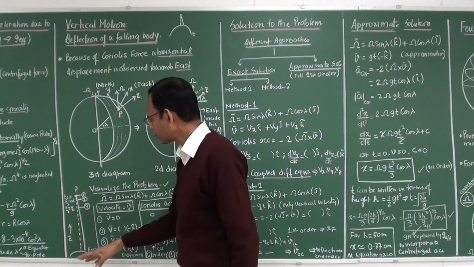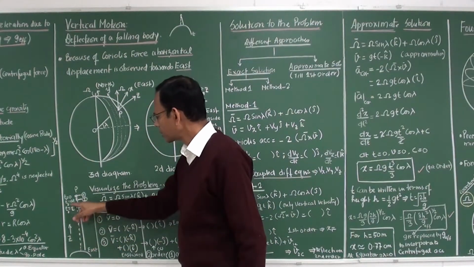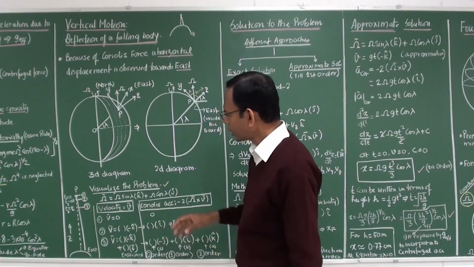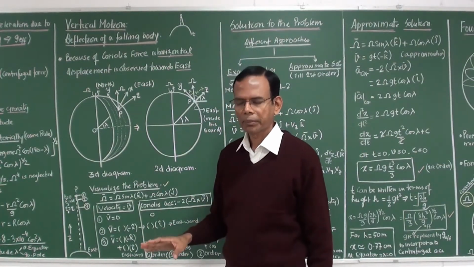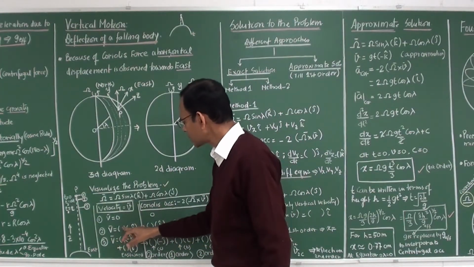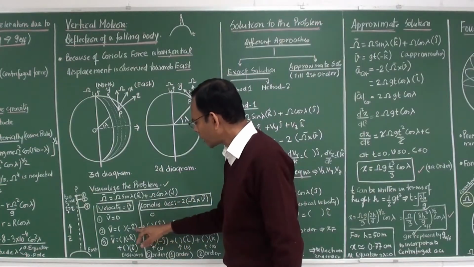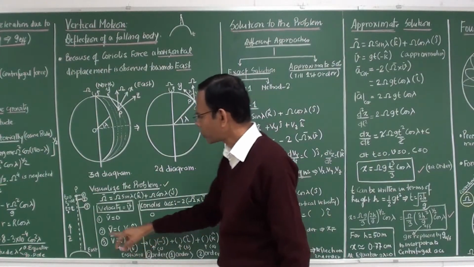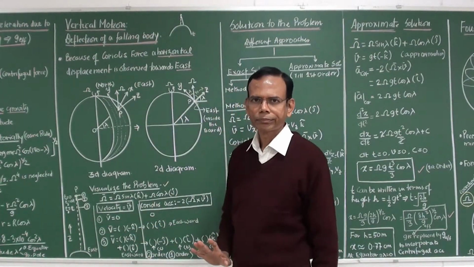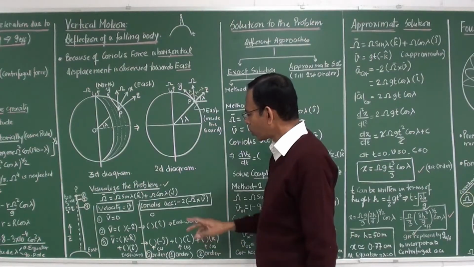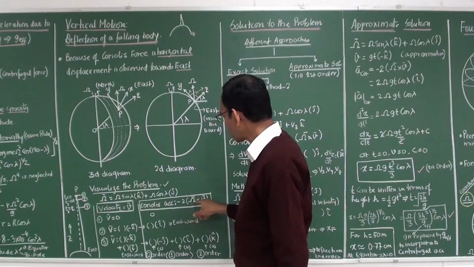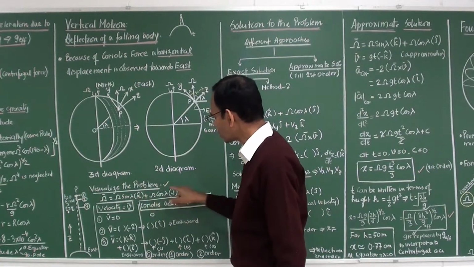Next point, the body has just started falling, that is t2 is equal to delta t, after a very small time. The body is falling exactly vertically, so my velocity is of some magnitude I am not bothered about, but in the direction minus k cap, because z is positive upward. Now what will be the Coriolis acceleration? It is omega cross v.